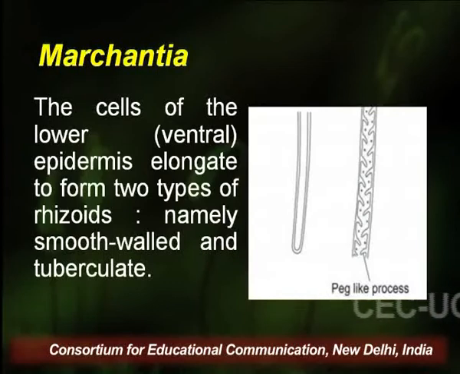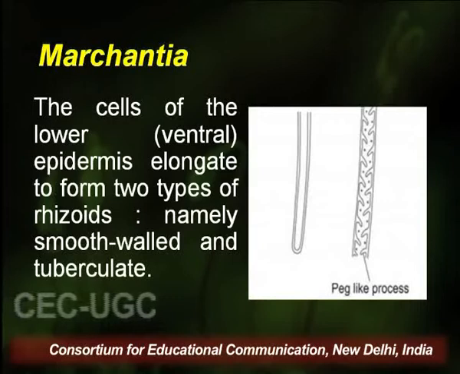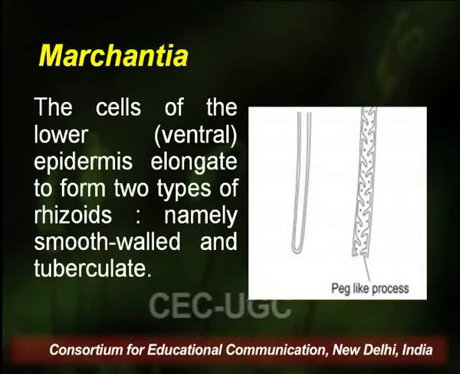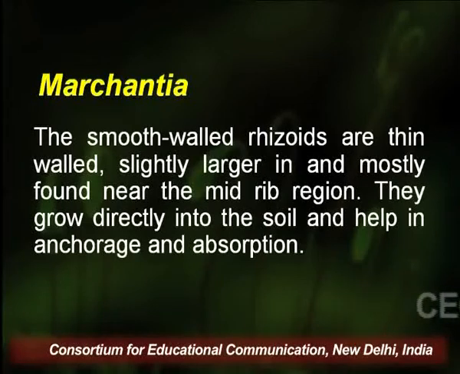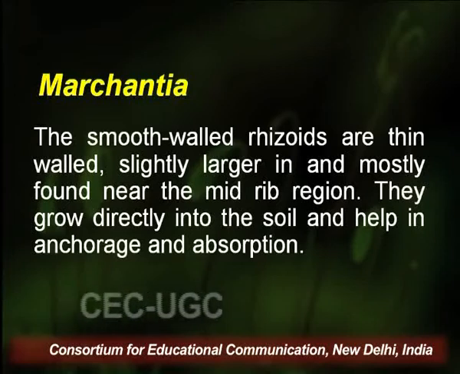The cells of the lower ventral epidermis elongate to form two types of rhizoids, smooth-walled and tuberculate. The smooth-walled rhizoids are thin-walled, slightly larger, and mostly found near the midrib region. They grow directly into the soil and help in anchorage and absorption.